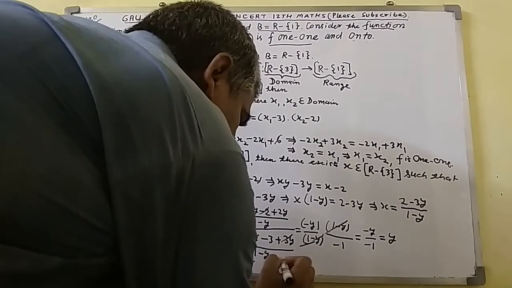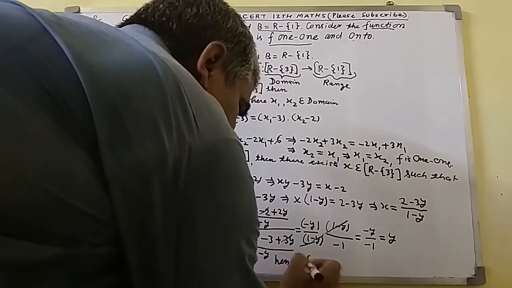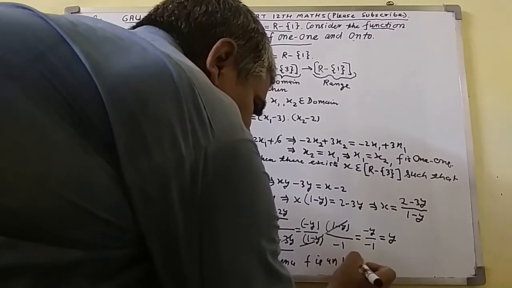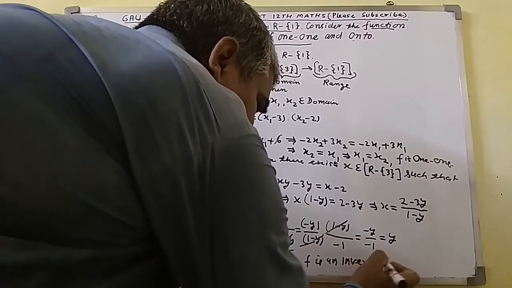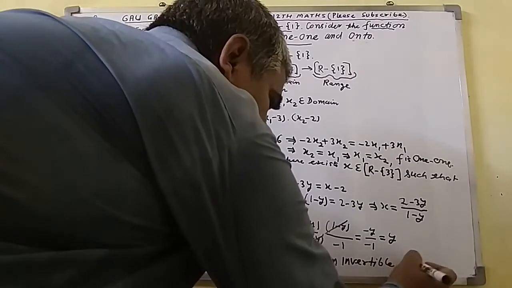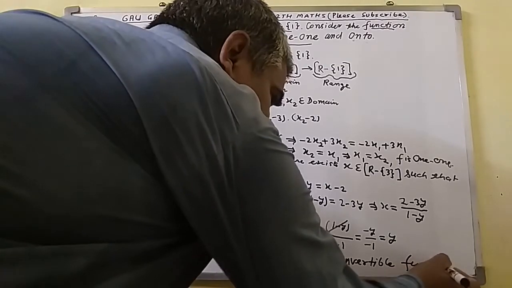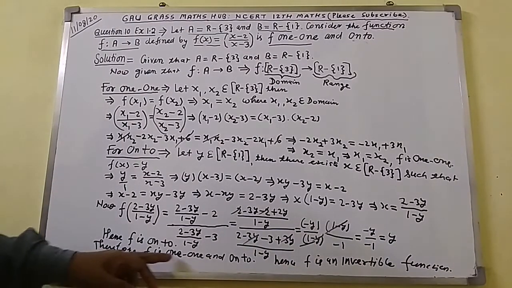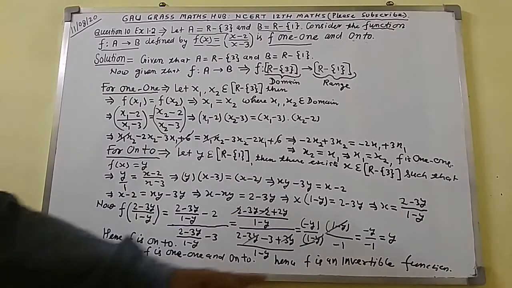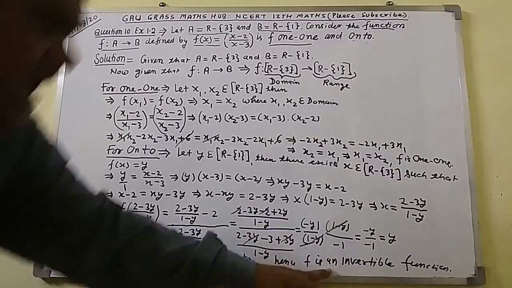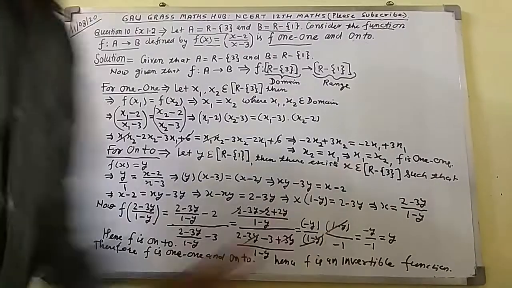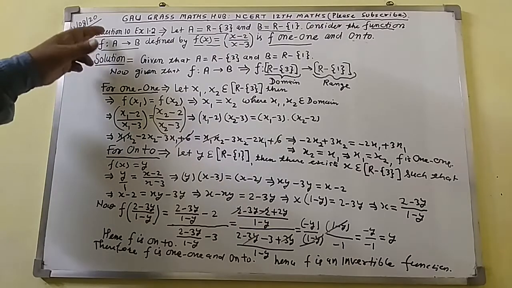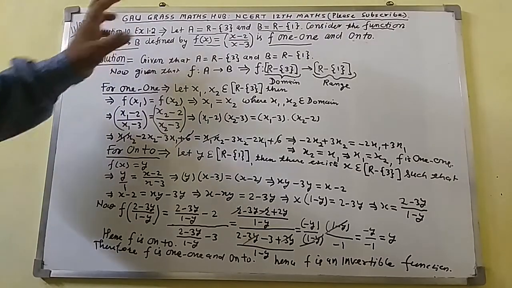Hence, f is an invertible function. So here I have written, therefore f is one-one and onto. Hence, f is an invertible function. This is the proper solution of question number 10, exercise 1.2.